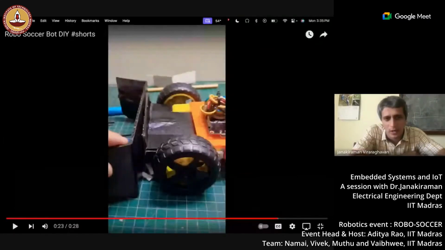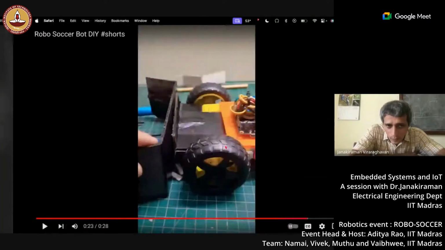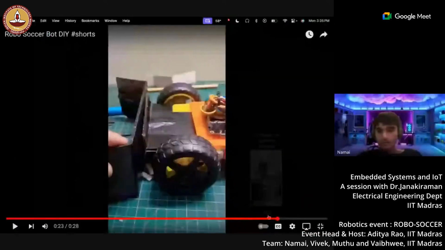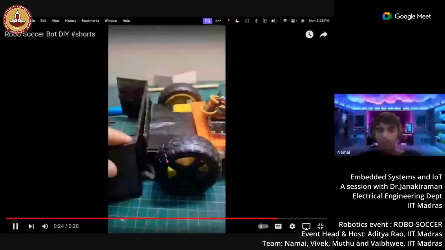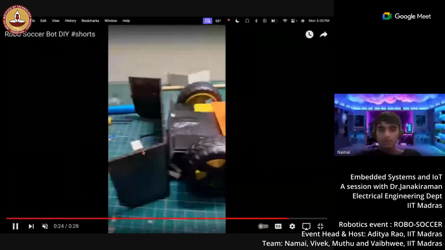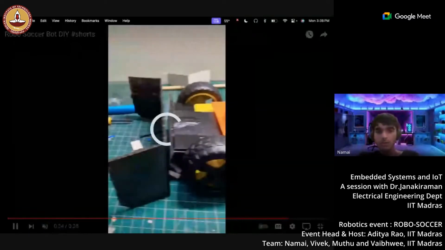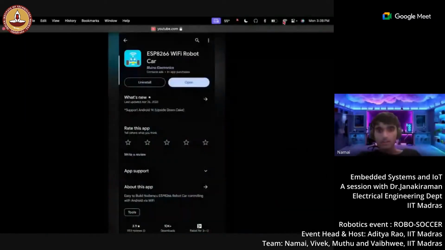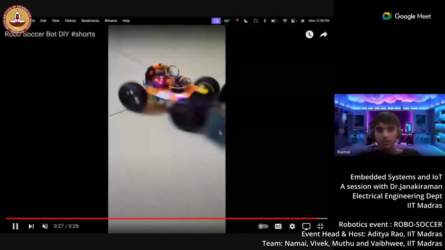Yeah, what are you showing, Namai? So, sir, this is something that I tried to make. This is four-wheel drive, and this is essentially what it looks like. It has this kind of a front U shape with which you can actually play soccer, and it's basically an app-based thing.